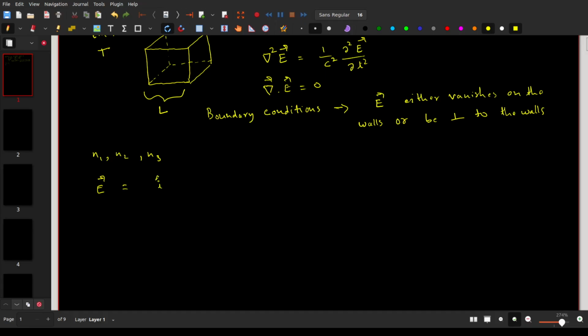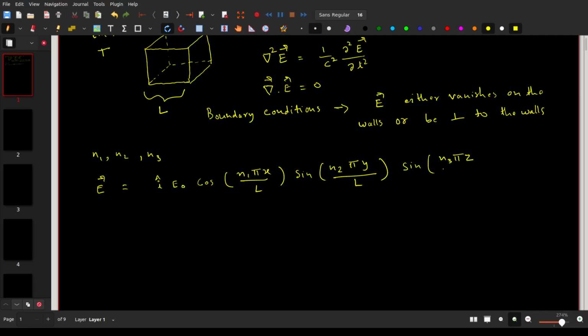In the i direction, x direction, E0 cos n1 pi x over L, sine of n2 pi y over L, and sine of n3 pi z over L. Then in the j direction, let us call it E1 instead of E0.